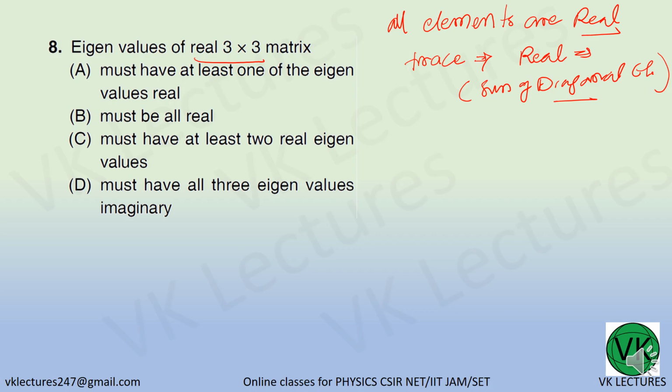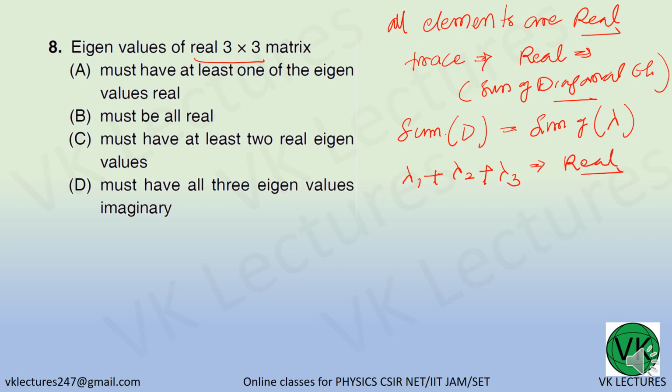Now the sum of diagonal elements is equal to the sum of eigenvalues. Since it is 3 by 3, there are 3 eigenvalues, lambda 1, lambda 2 and lambda 3. So lambda 1 plus lambda 2 plus lambda 3 must be real.